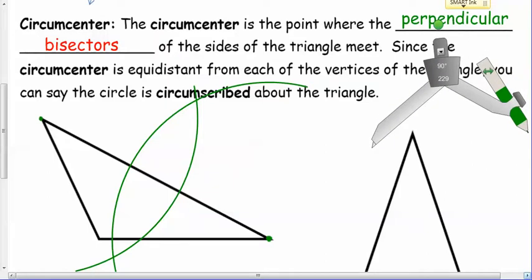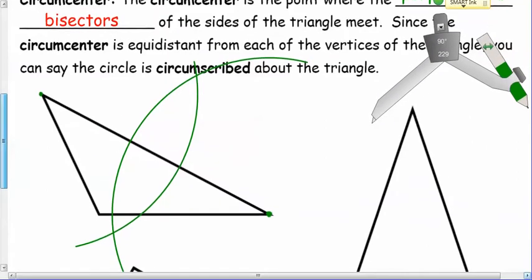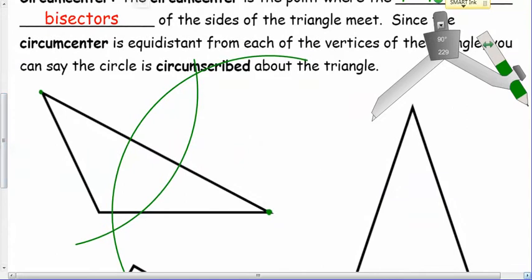Don't forget that after you've drawn the two arcs, you actually draw the line, because that is the perpendicular bisector that we're looking for here.